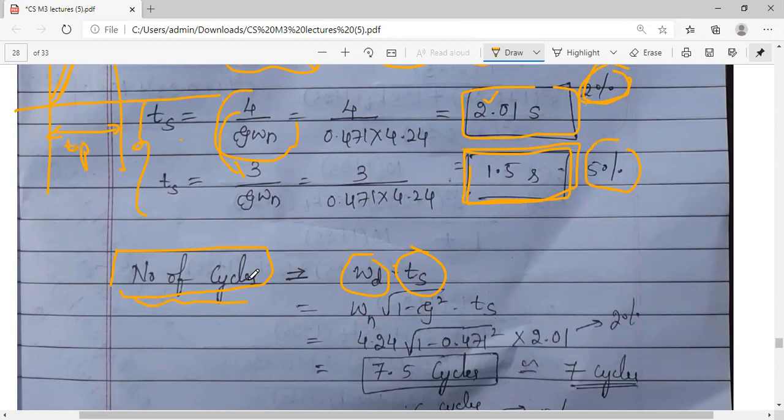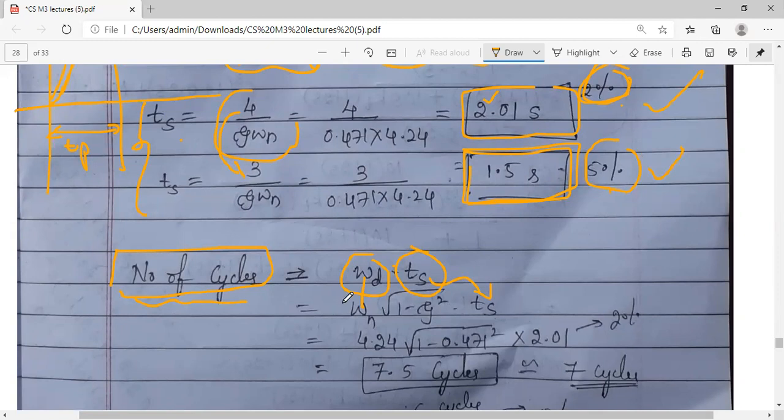The number of cycles that the output will undergo before it settles down, before it reaches the steady state, is equal to settling time multiplied by the damping frequency. So using this, WD is WN root of 1 minus zeta square, and TS. Here we have calculated two values of TS, one for 2%, one for 5%.